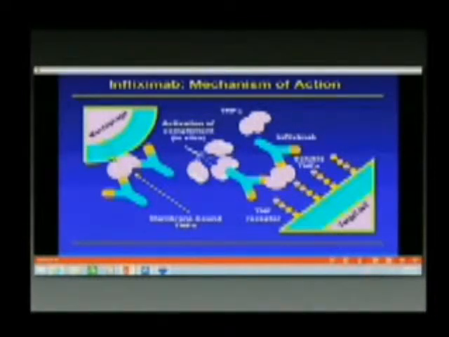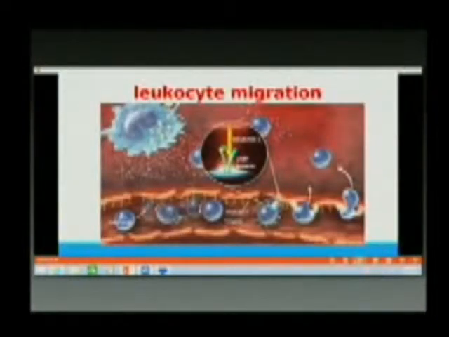Now, the other class of drug that is used in inflammatory bowel disease is anti-integrin inhibitors. And you have to go back a little bit, okay? Now, these integrins affect more of your leukocyte migration. So, for example, you have these lymphocytes rolling along, okay? But in order to go into the cell, it has to pass through the vascular endothelium.